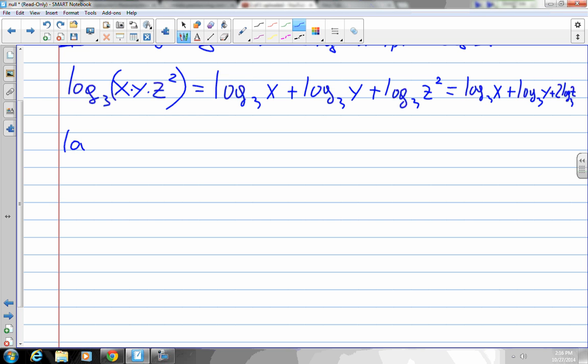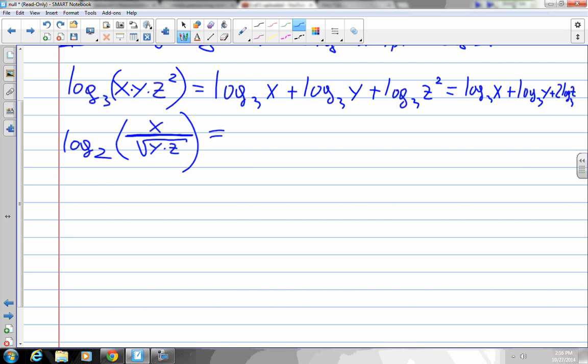How about log base 2 of x over the square root of y times z, like that. So, and again, you can take as many steps as you like here, but all I see right now, the big operation is division.